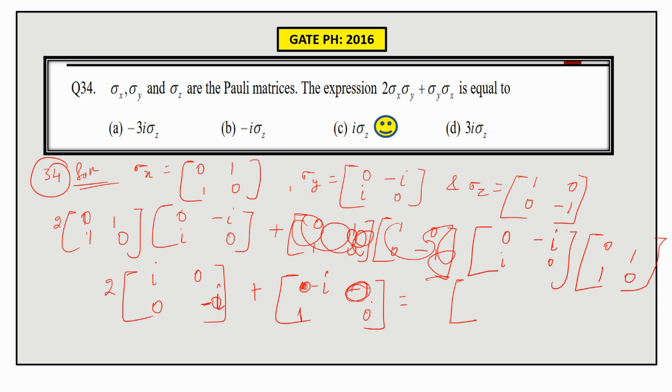This one will be 0, 0, and this one will be iota. So this will become iota, 0, 0, minus iota. So I will take iota outside: 1, 0, 0, minus 1. So this will be i sigma z, right? This one will be the answer.